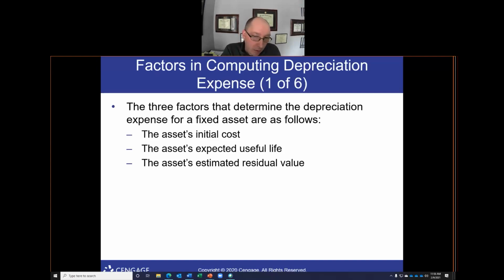Step three, figure out the asset's estimated residual value. Okay, I can hear you already. What is residual value? Residual value is how much the asset is worth at the end of its useful life. For example, let's say I have a dump truck that I purchased for $25,000.